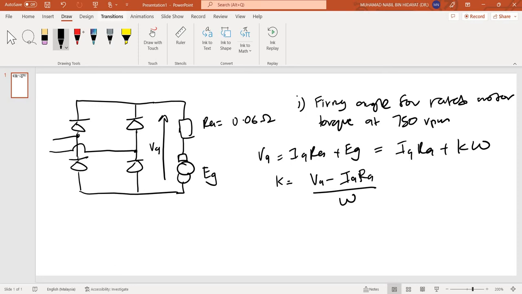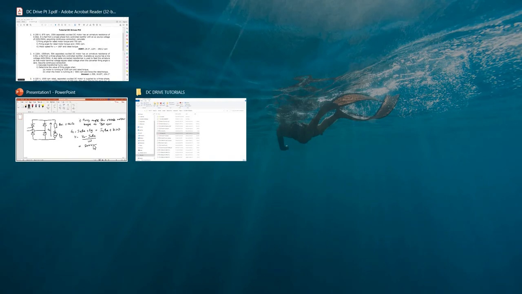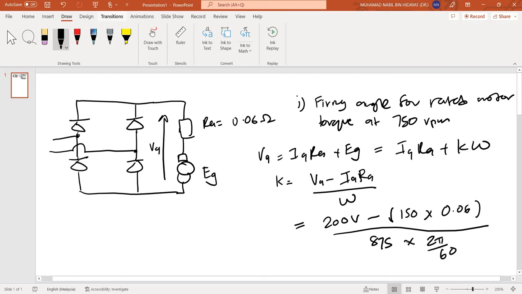VA is given as 200 volt, IA is 150, RA is 0.06, and speed is 875, so we need to convert it into radian per second.